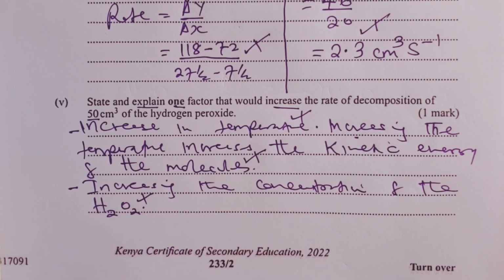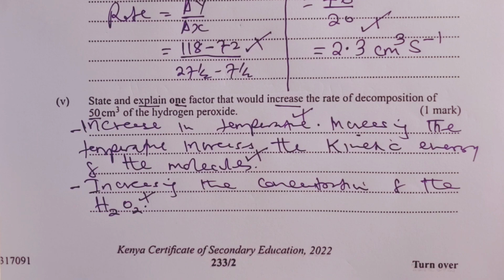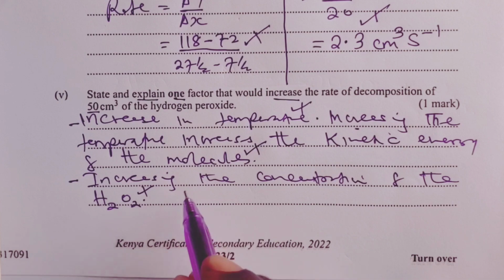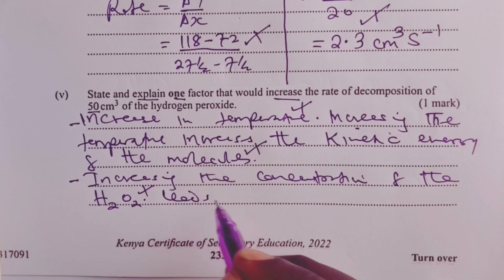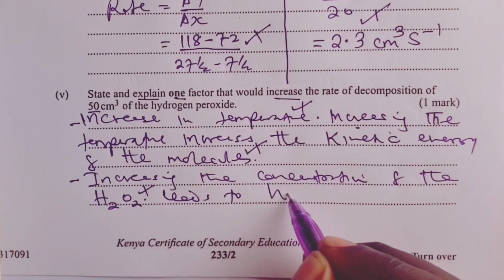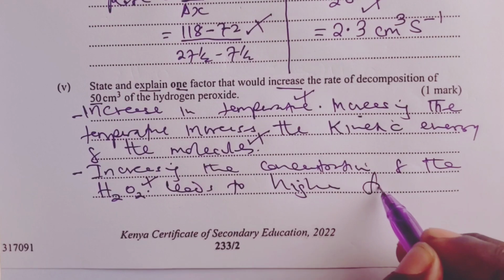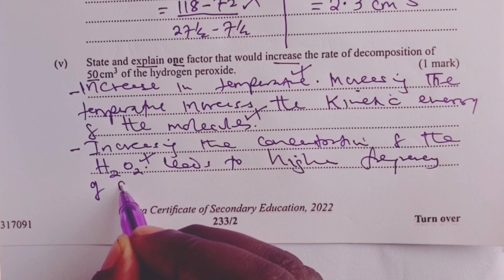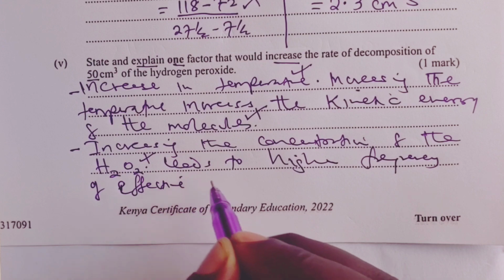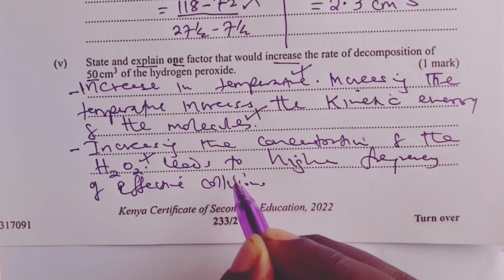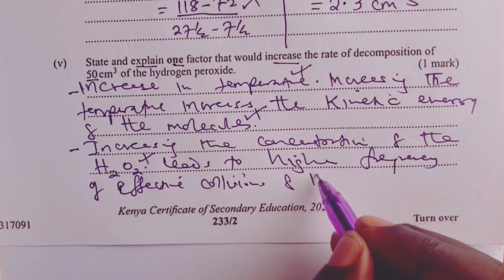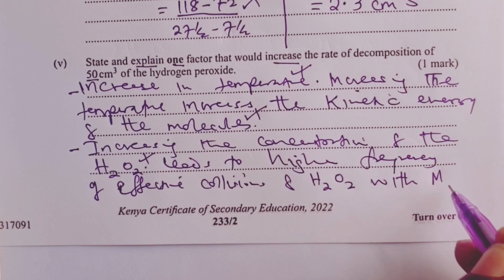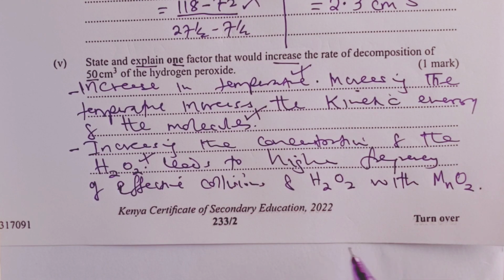That would earn the first half mark, and then we go ahead to explain that increase in concentration of hydrogen peroxide leads to higher frequency of effective collisions of hydrogen peroxide molecules with those of the catalyst, and that is manganese 4 oxide.